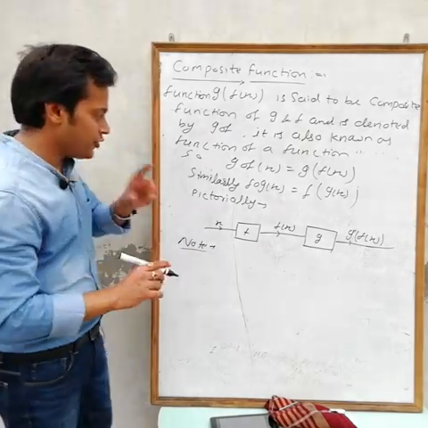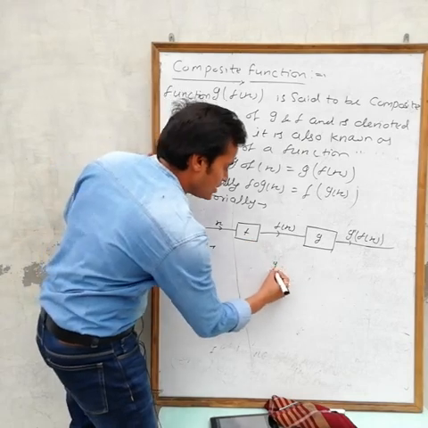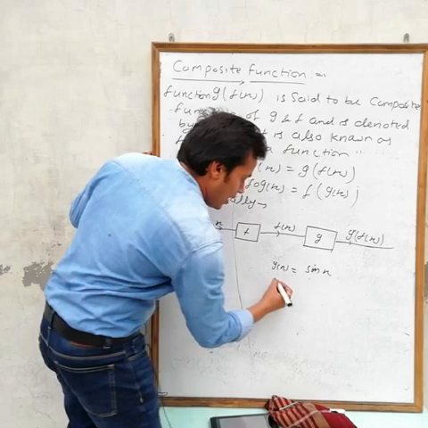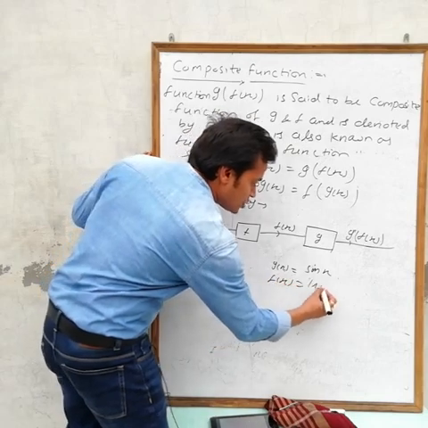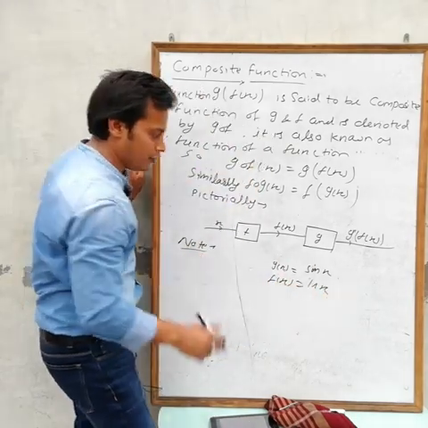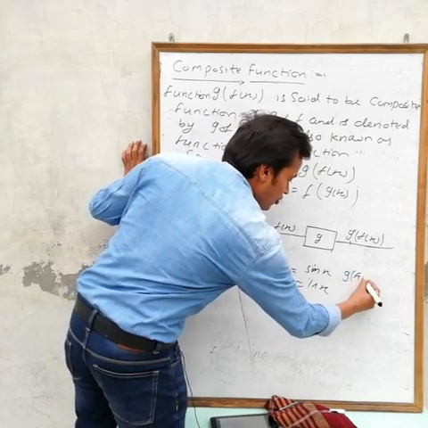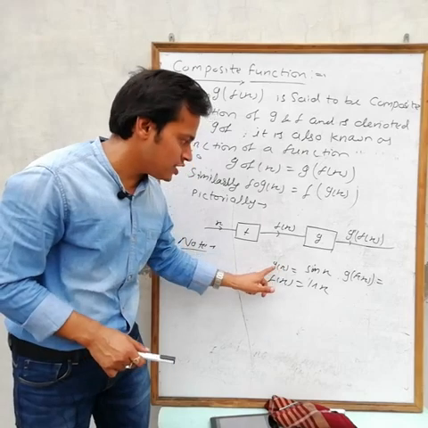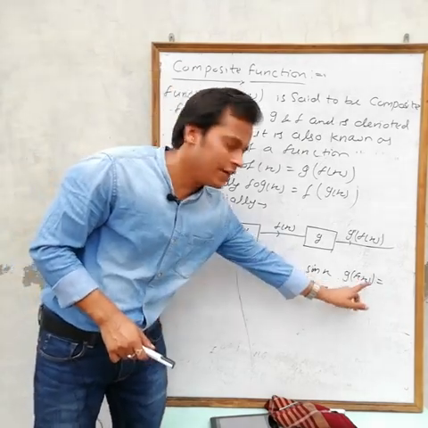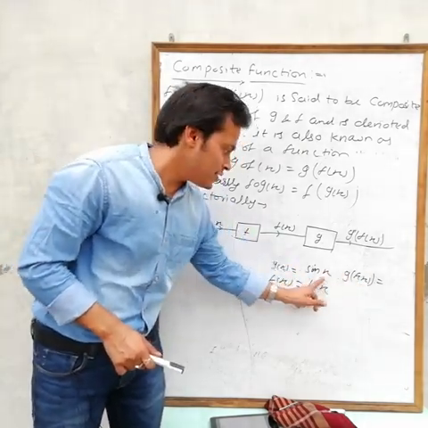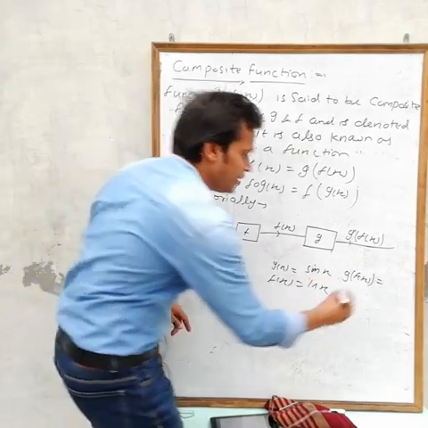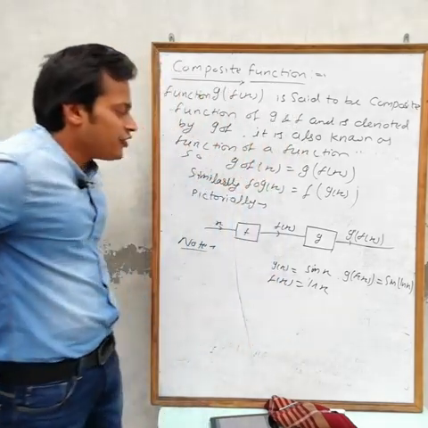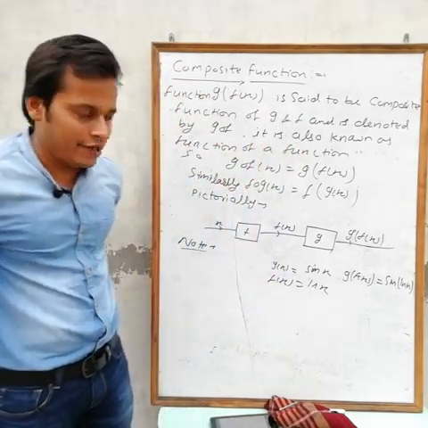For example, suppose I am taking g(x) equals sin x and f(x) equals ln x. Then if you find g of f(x), f(x) is ln x, so g of ln x, at the place of x put ln x, what are we getting? Sin of ln x. Okay, g of f(x) is equal to sin of ln x.